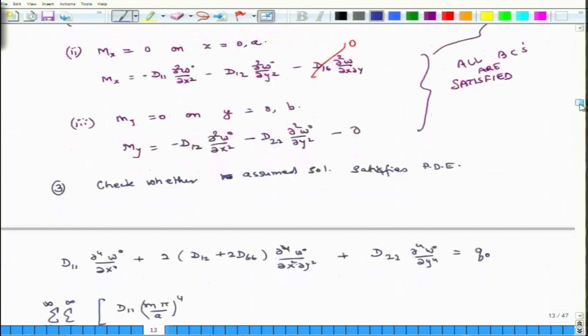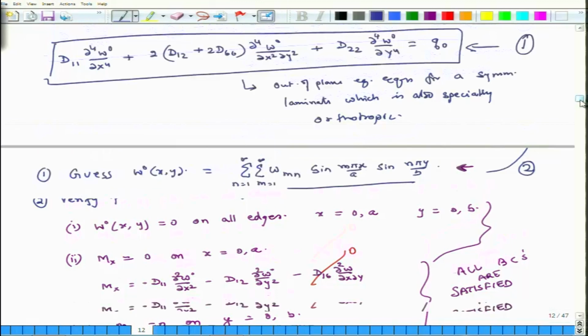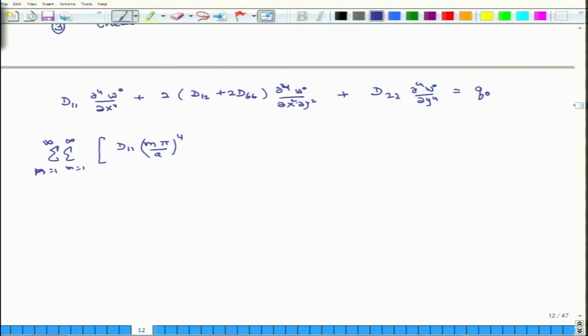When I plug in and differentiate this term with respect to x four times, I will get m pi over a to the power of 4. So, I get this plus 2 D12 plus 2 D66 times m n pi square over a b.